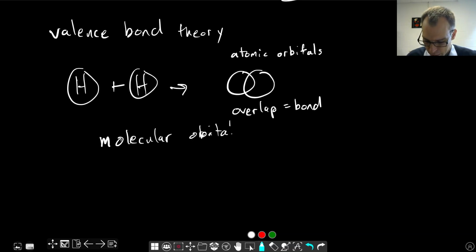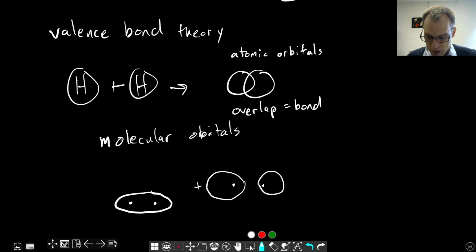We'll look at these in a bit more detail in the next video, but if we combine two hydrogen atoms, we actually get an orbital, if these dots represent the nuclei, that actually spreads across both atoms. So it's not a 1s orbital on one hydrogen or the other, but it's this different thing that's combined. And we'll also see there's actually a different orbital that looks like this. We actually get two different orbitals, and again, they spread across the whole molecule.